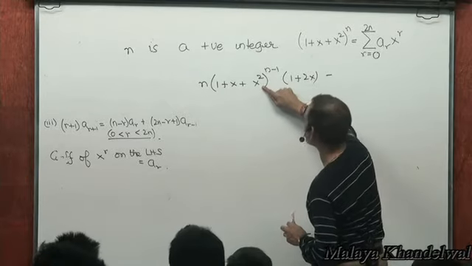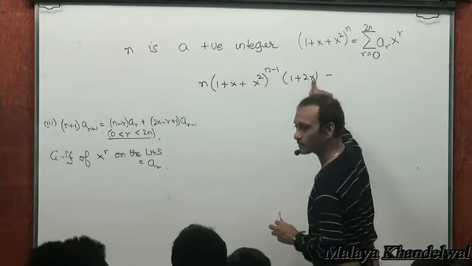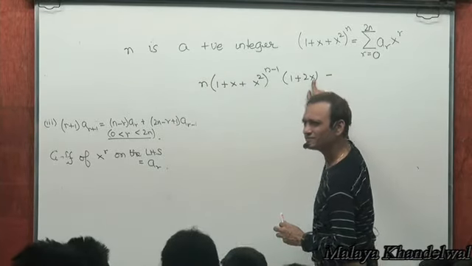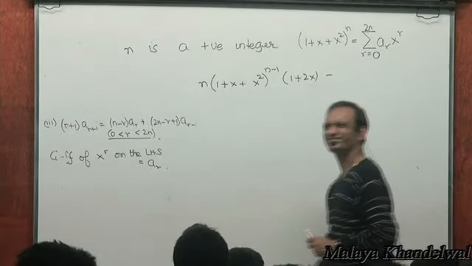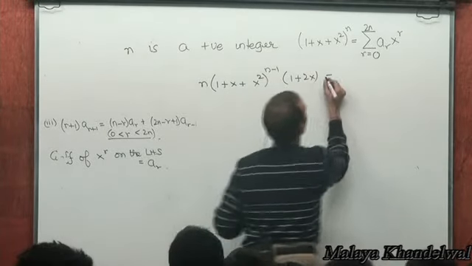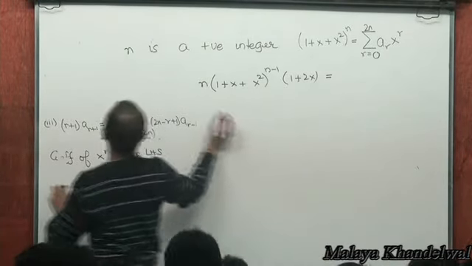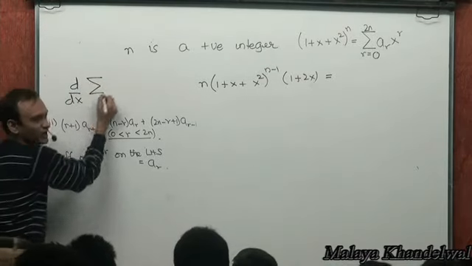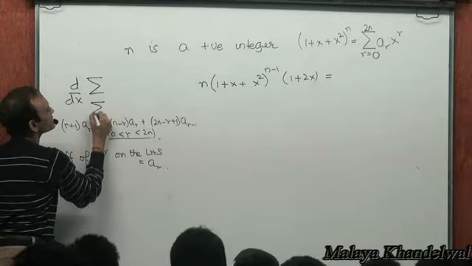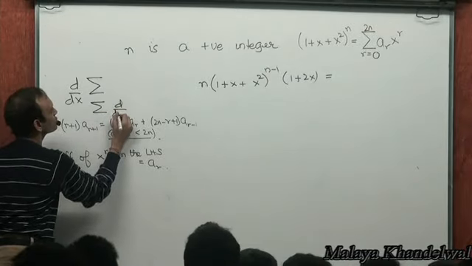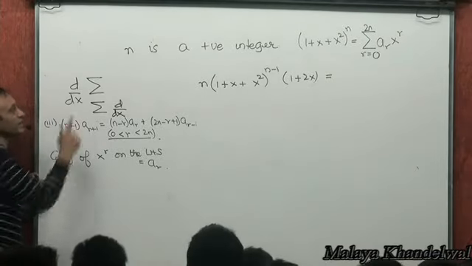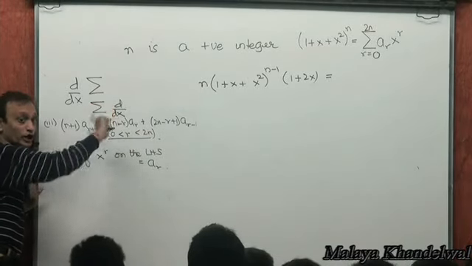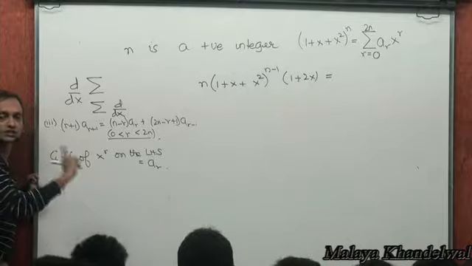And then differentiate this with respect to x, you get 1 + 2x. And d/dx of a summation would be summation of the d/dx's, yes or no? Derivative of the sum would be the sum of the derivatives. So they are interchangeable operations, right?